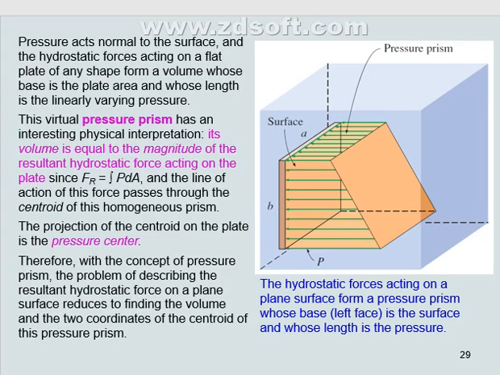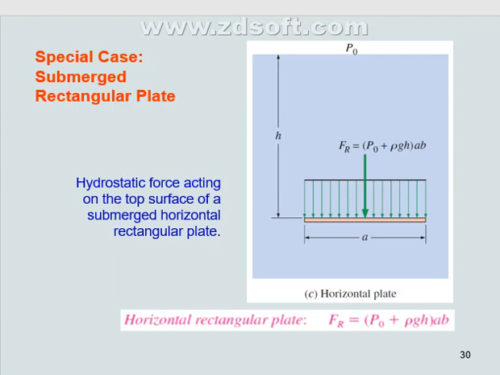We have the pressure prism, which is like the three-dimensional figure of the pressure. You need to understand this concept. We have the summary here, guys, look at this figure.